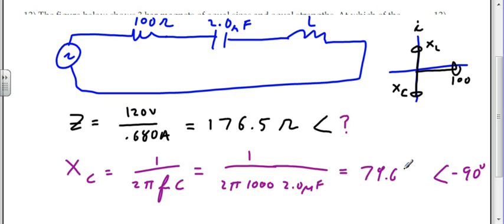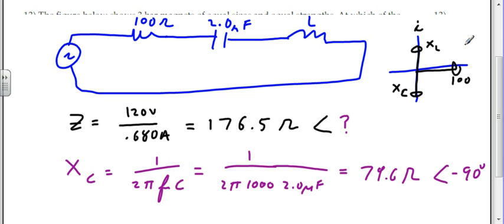79.6 ohms. Now the issue is, if I have 79.6 ohms and I have 100 ohms and I have no inductance at all, could I make it to 176? So I look at the square root of 100 squared plus 79.6 squared, and I see that that's 128 ohms.